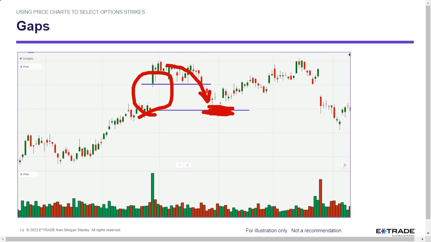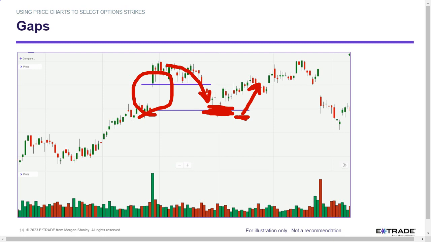I'm going to buy a call option with a strike price maybe a little bit below this gap level so that I get a little bit higher delta. And now, as it starts to bounce, I have a relatively high delta option position that will allow me to take advantage of that bounce in much the same way as if I had purchased the stock, but without the full risk exposure of whatever the stock price is. I mean, that's one of the benefits. That's one of the reasons why we're all trading options, right? It's for that leverage benefit.